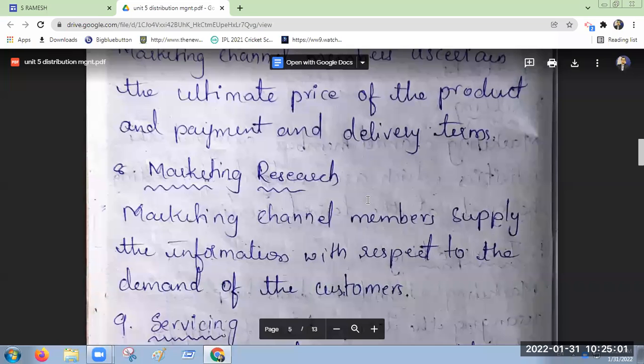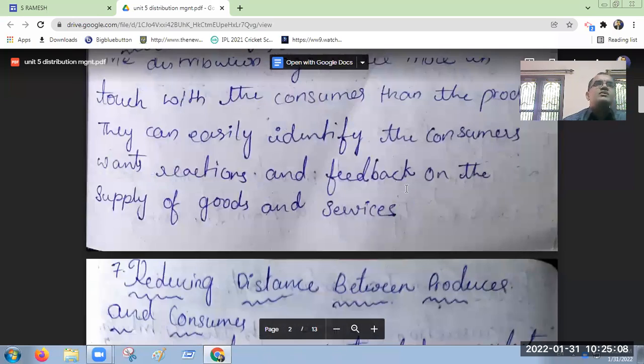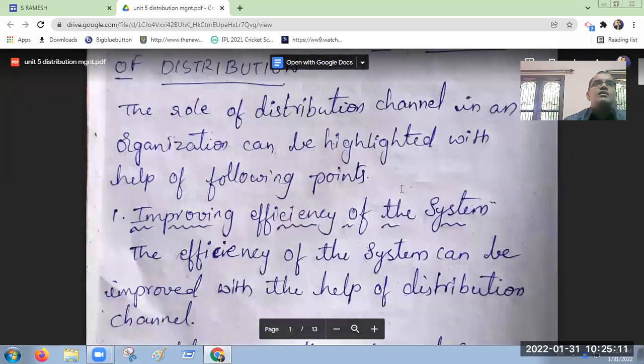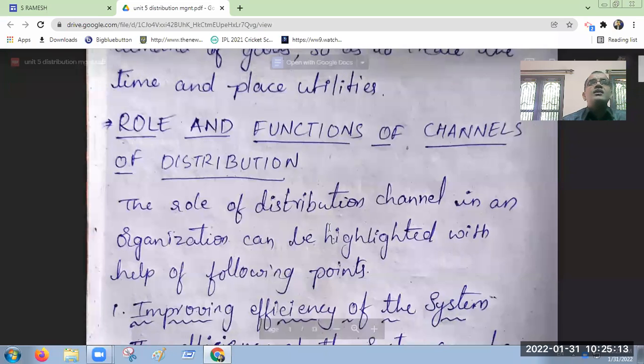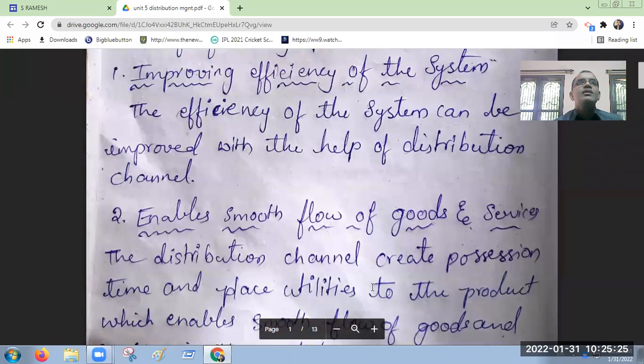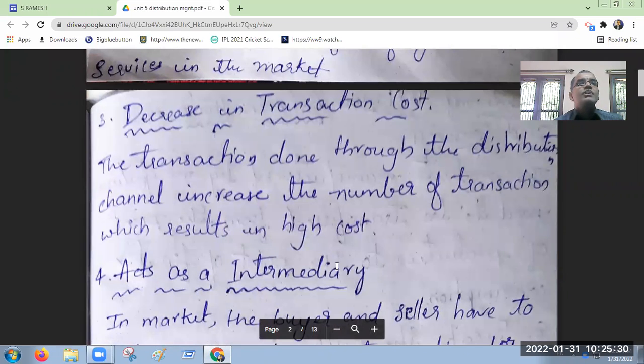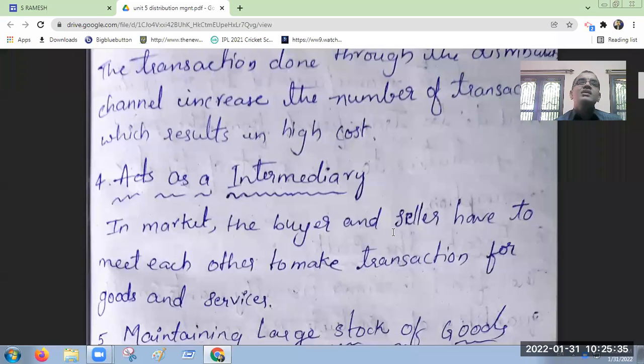So in today's class, what we have learned are the functions and the role of channels of distribution. The channel means the way through which goods and services are made available to the ultimate customers. They improve the efficiency in the system and ensure a smooth flow of goods and services. They see to it that there is a decrease in transaction cost. They act as intermediaries.